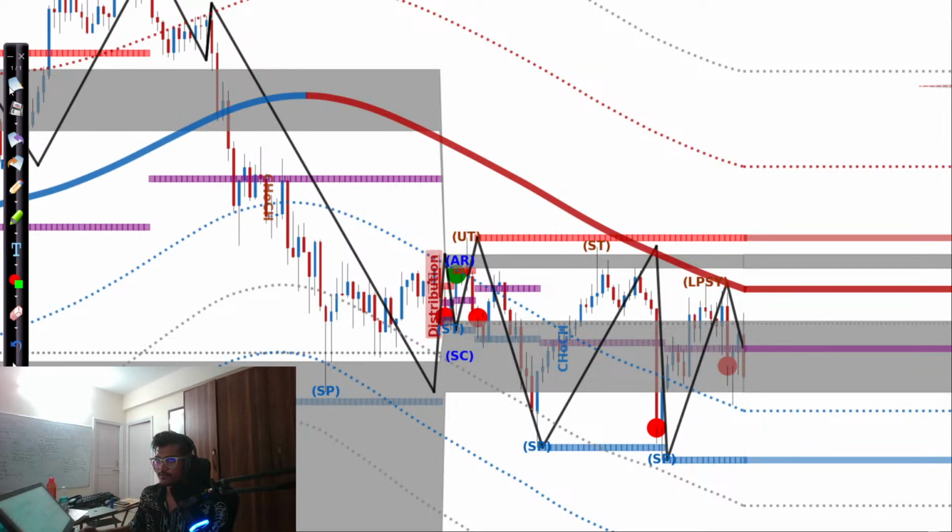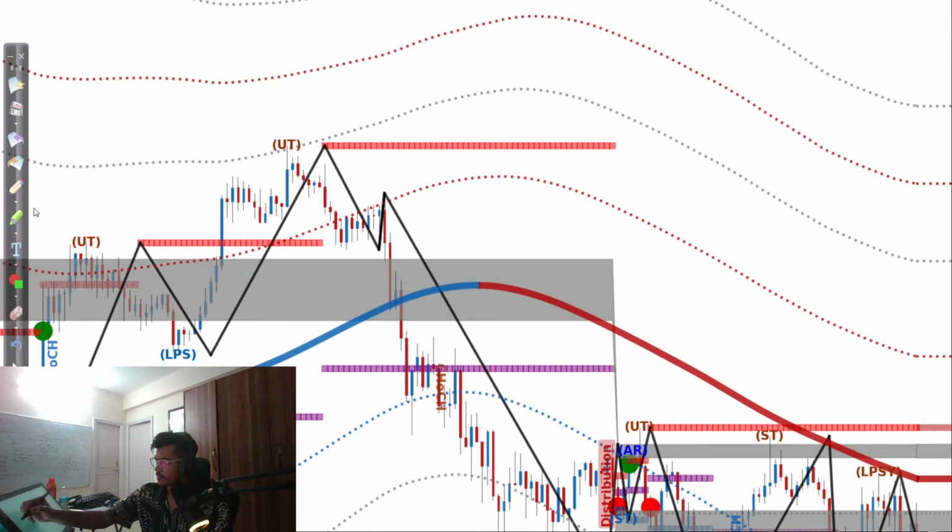Oh, there. Check this out. Okay, so we came from there, and this was our optimal trade entry for short.